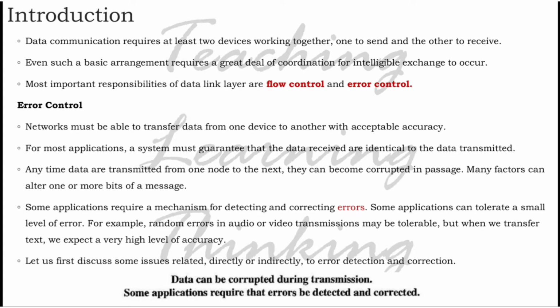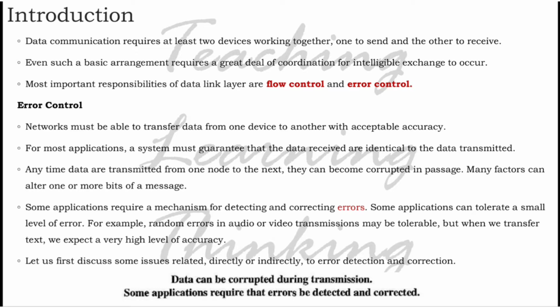Data communication requires at least two devices working together, one to send and another to receive. Even such a basic arrangement requires a great level of coordination for an intelligible exchange to occur. As we discussed, for devices to connect together they need one sender and one receiver, and there must be a great deal of coordination between them.